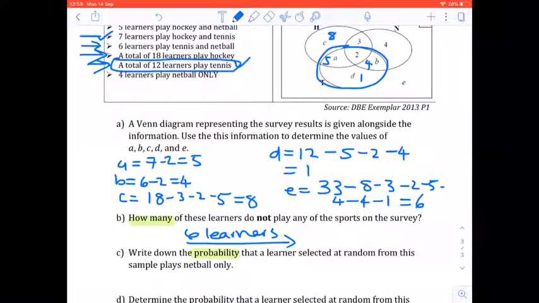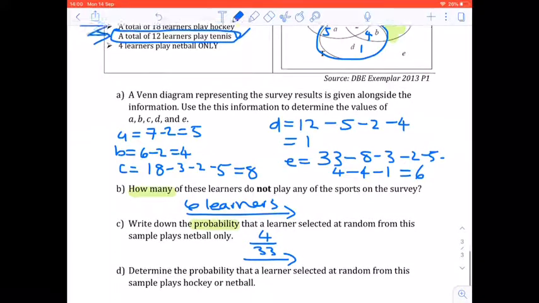So this will be a number that sits between 0 and 1. Write down the probability that a learner selected at random from the sample plays netball only. So this will be the piece that sits only there, netball only, which is 4. So that's 4 over our total of 33, and that's the simplified form, so that's your answer, 4 over 33.